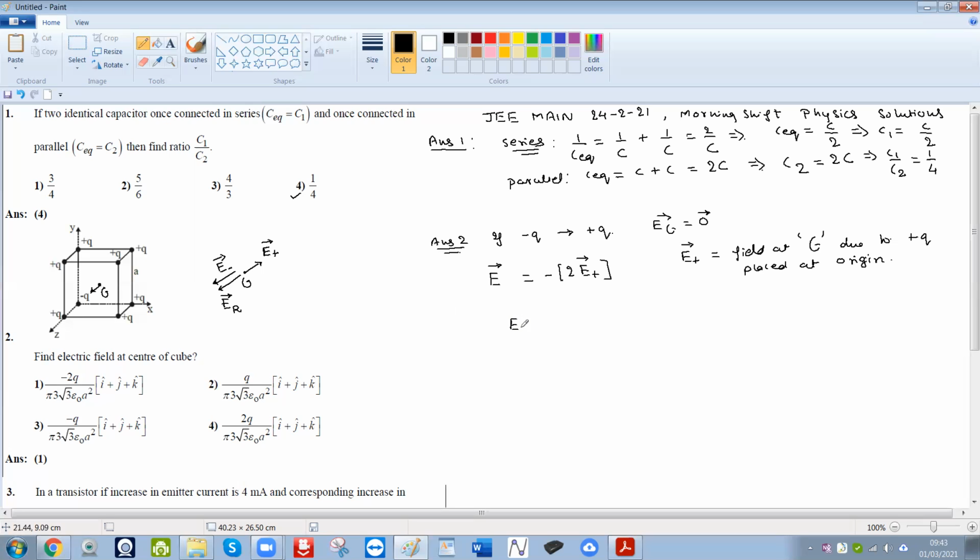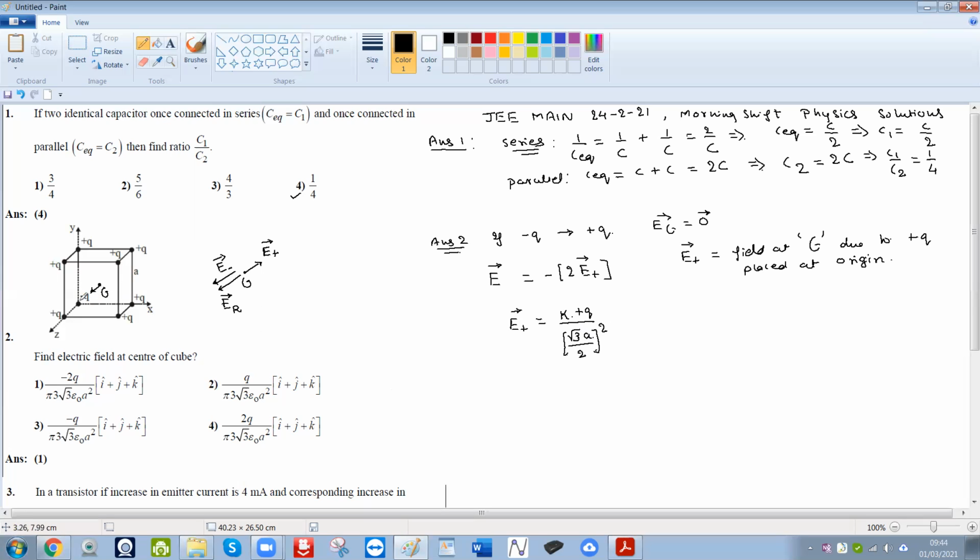Now this can be written as constant of proportionality in Coulomb's law into magnitude of this charge divided by distance from origin to centroid, which should be equal to root 3 times side of the cube divided by 2, its whole square.